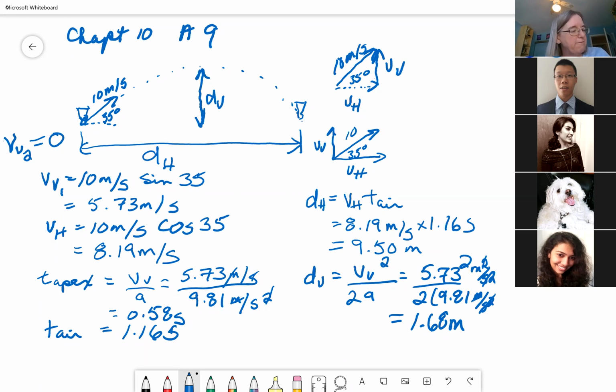If you plugged V1 equals 0 into 1, 2, and 3, you would get equations 1v, 2v, and 3v.